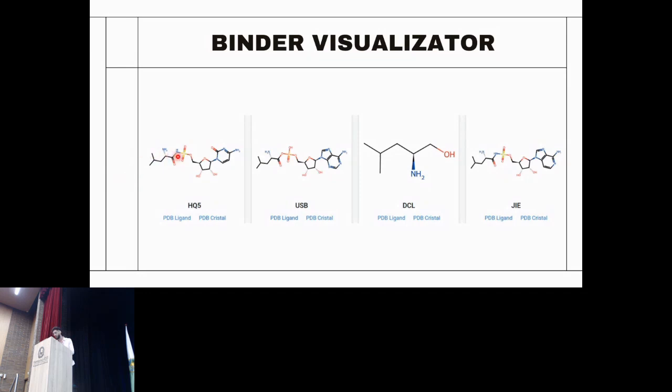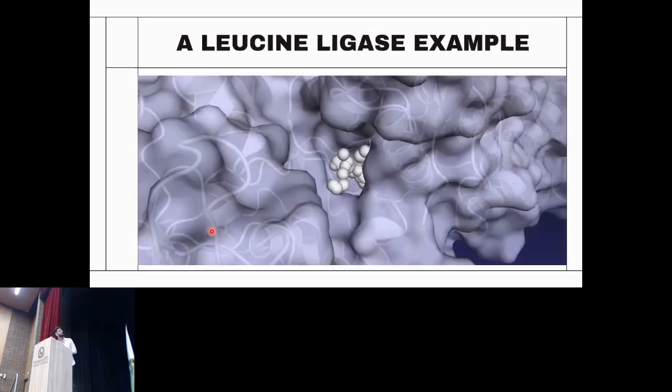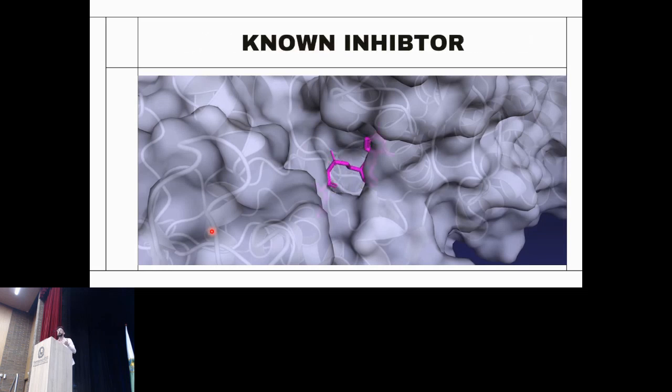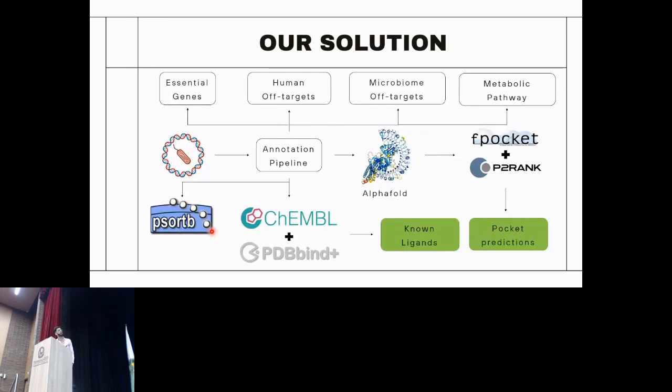Here you got a representation, the name, and you got some links to do the research about those binders. So one thing that we are doing right now is to corroborate that the pocket prediction is actually predicting places where some known ligands are able to bind. So from what we got so far is the pocket prediction and the known ligand modules.